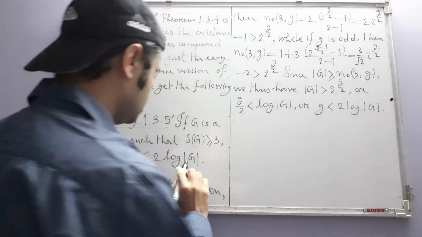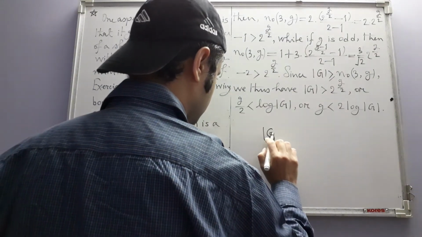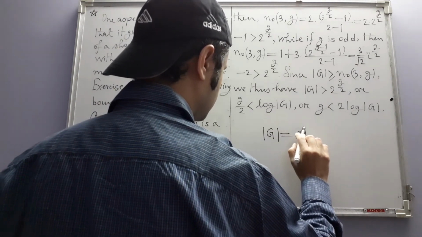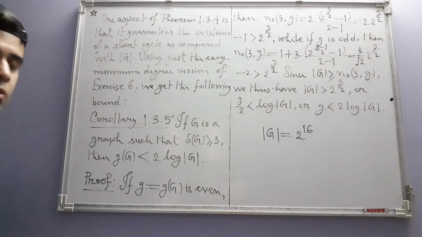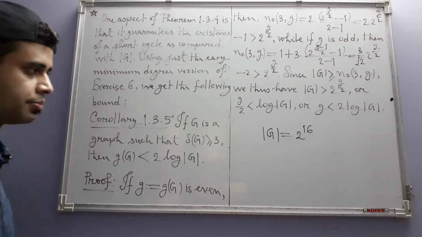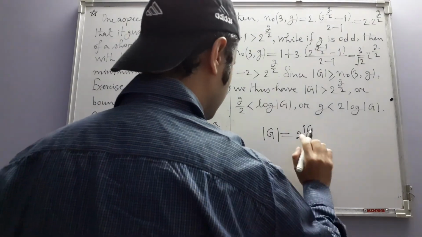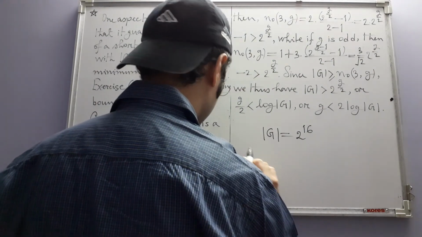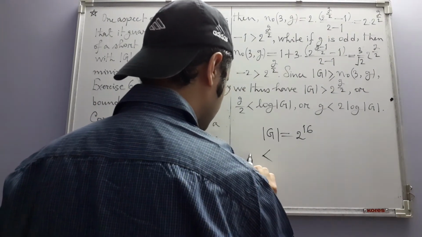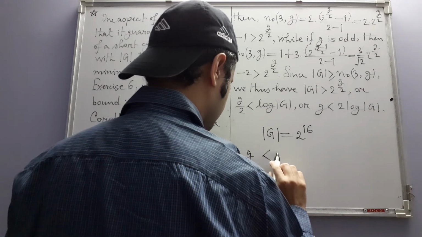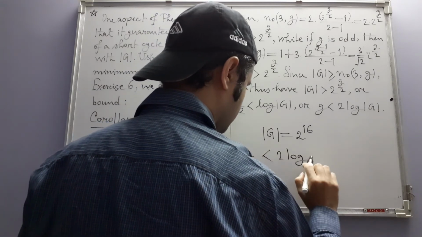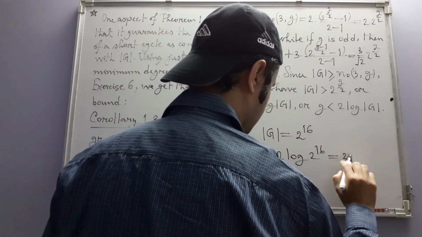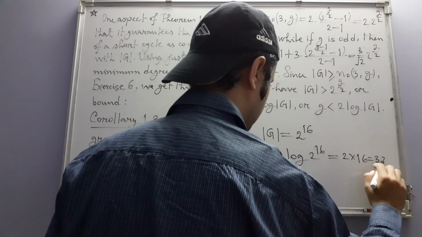So for example, if G has say 2 to the power 16 vertices, which is quite large, then if our graph has minimum degree at least 3, then the girth is less than 2 times this, which is 2 times 16, that is 32.